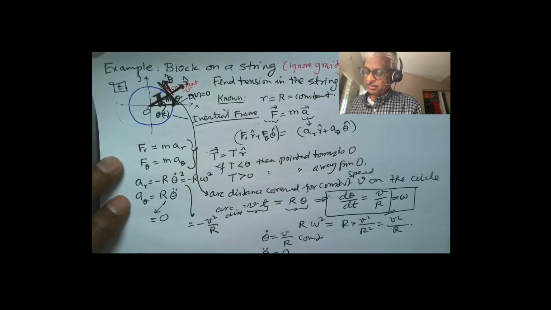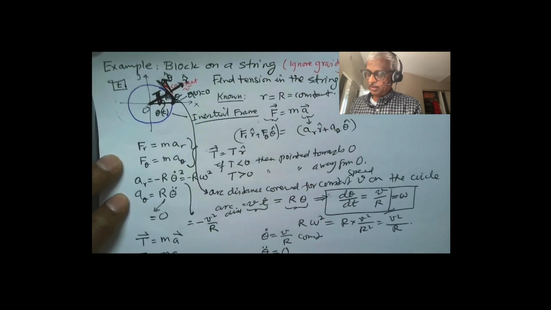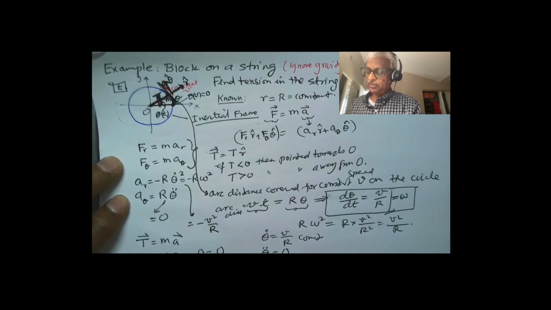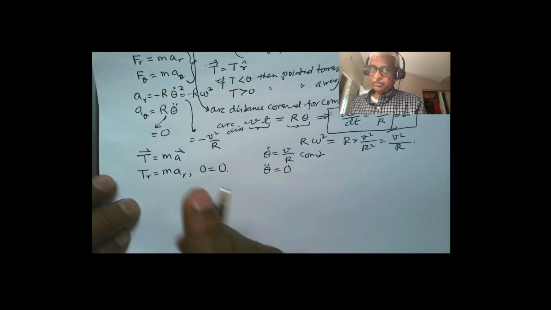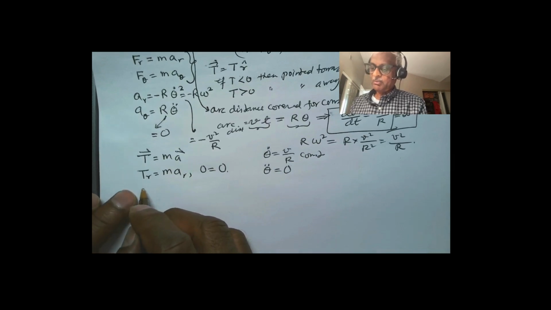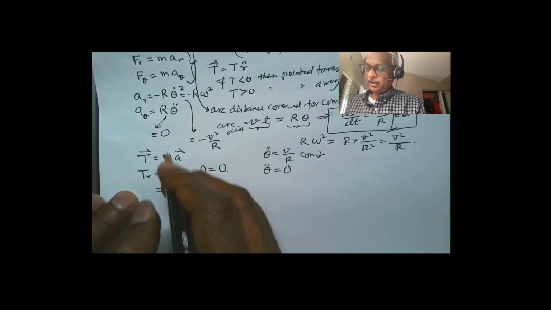So what we get, F equals ma gives me Tr equals mar and 0 equals 0. So Tr equals mar, and we already got that.